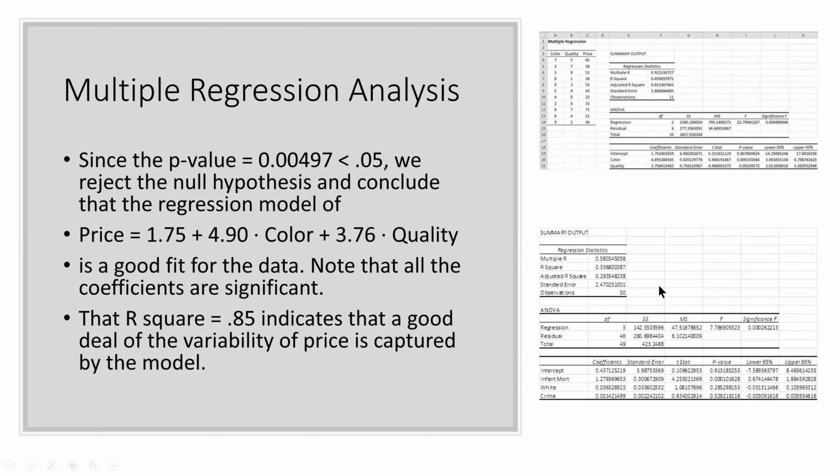On the lower right, you can also see another example showing a different model. In multiple regression analysis, what you need to look at to determine which variable is more important is the p-value.